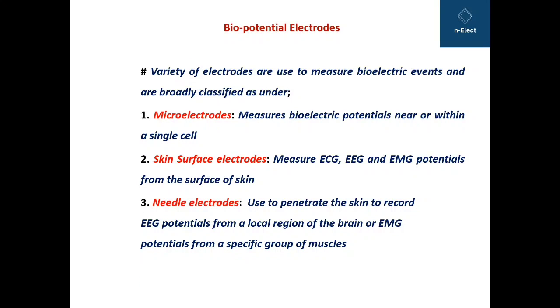While the needle type electrodes are actually invasive electrodes, meaning they are required to be penetrated in the skin. They are used to penetrate the skin to record EEG potentials from the local region of the brain or EMG potentials from a specific group of muscles.